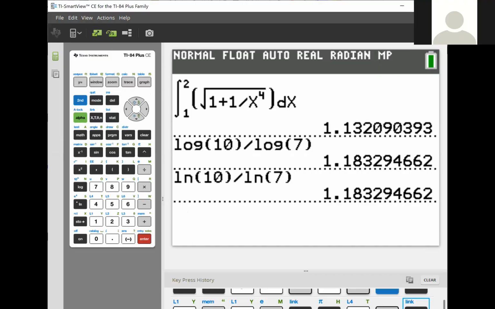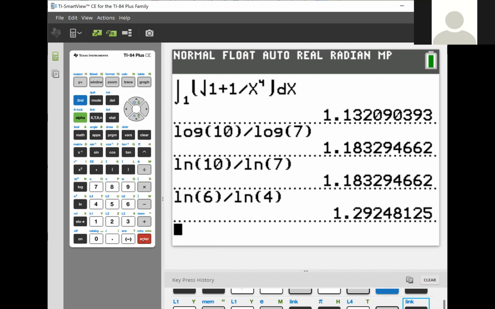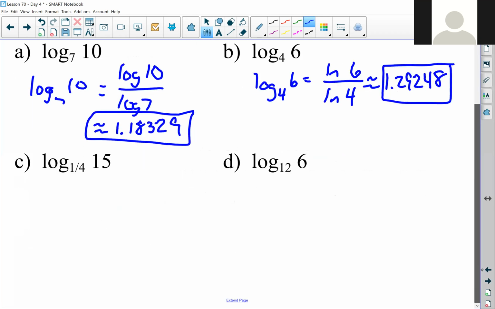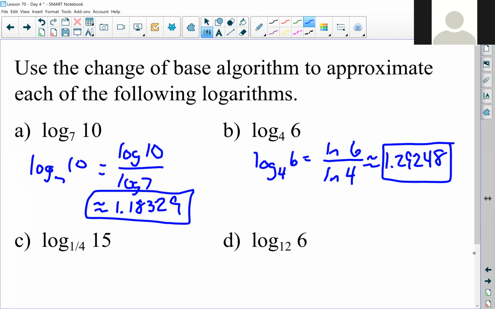So ln of 6 divided by ln of 4. 1.29248. And so the process is going to be the same for each of these.